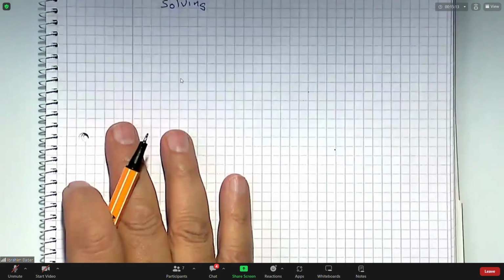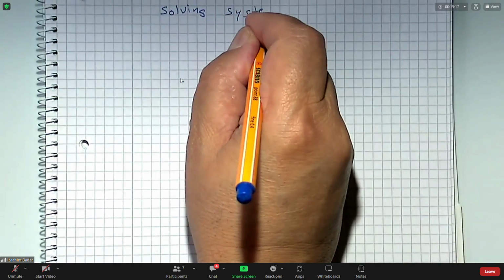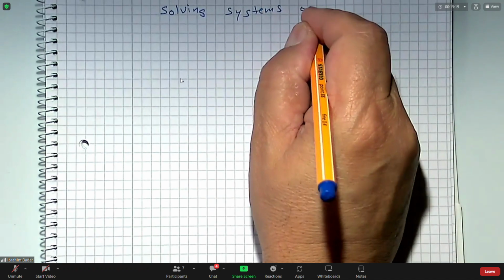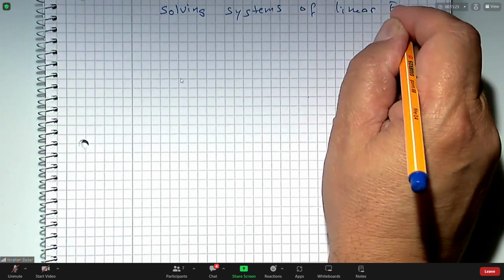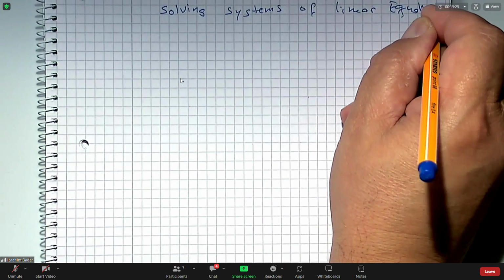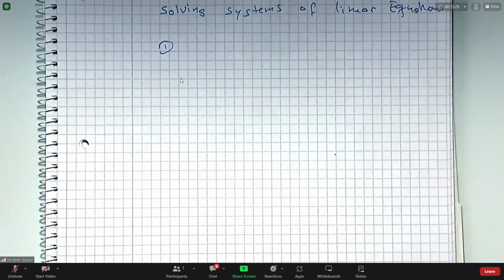So our topic is still solving systems of linear equations. So the first method, I'm talking now about the higher order, of course.